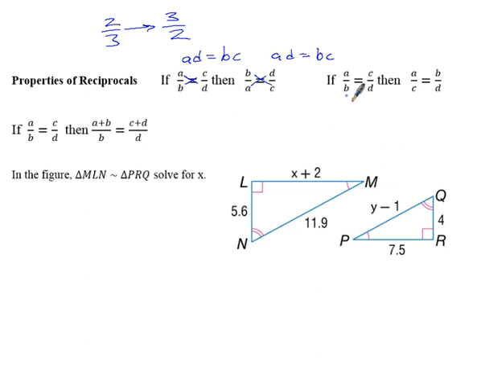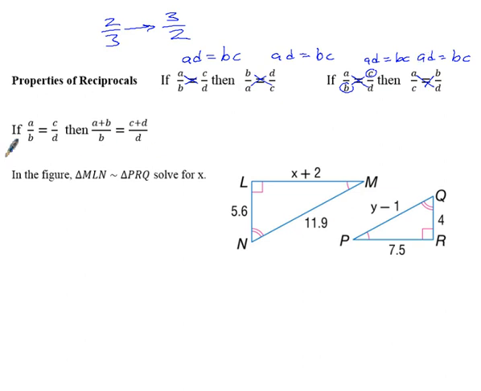Similarly, I can take this proportion again and switch B and C. If I cross multiply here, I get AD equals BC. If I cross multiply here, I still get AD equals BC, so it holds up.